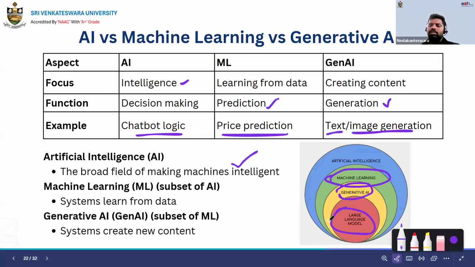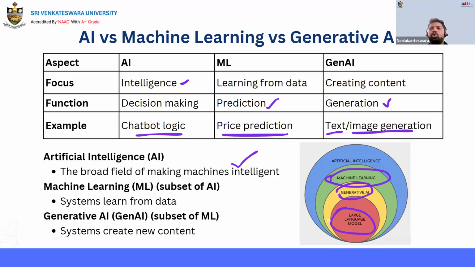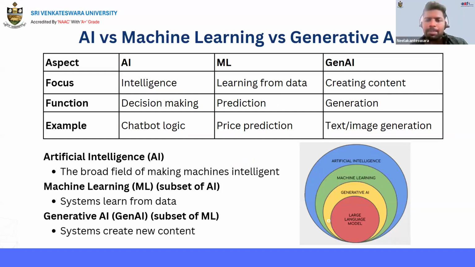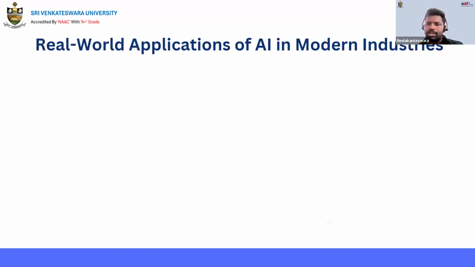These are models trained on huge amounts of data sets, and with the help of those data sets, generative AI and ML can work. This is the brief comparison of AI, ML, and GenAI. Now we see one real world application of GenAI in modern industries.